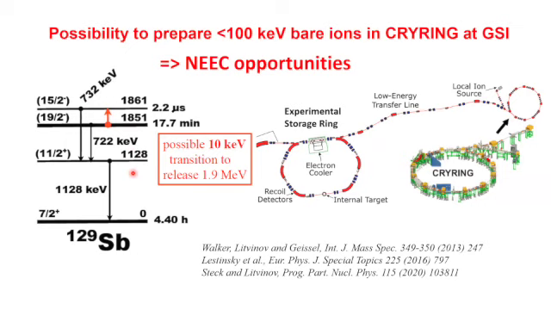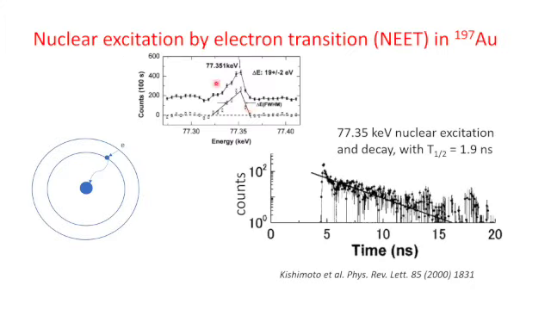So that's using the atomic electrons, but there are other processes for isomer manipulation. I don't have a lot of time, but I will mention them very briefly. Another electron process is called nuclear excitation by electron transition, which uses an inner shell electron that falls into a vacancy and excites the nucleus.